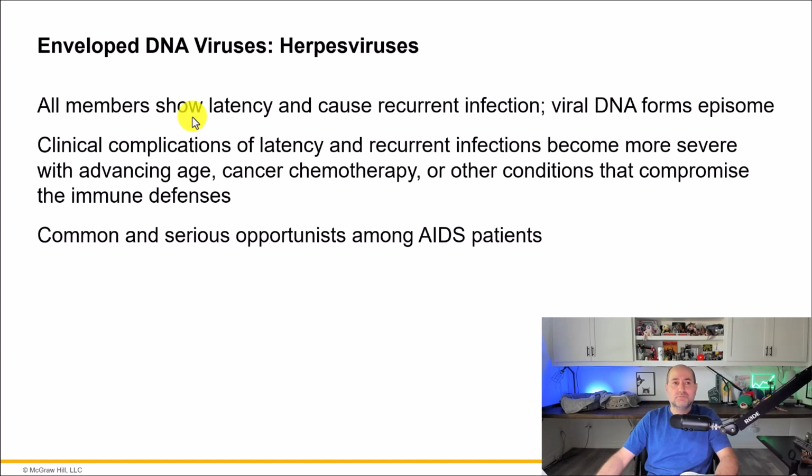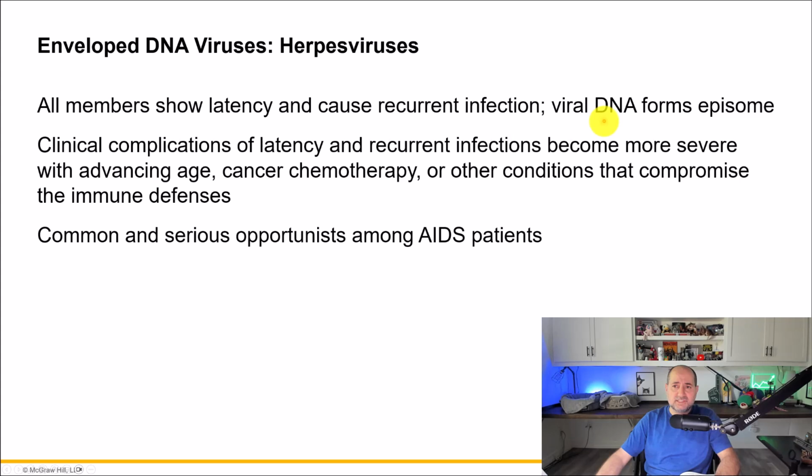It's another enveloped double-strand DNA virus, the herpes viruses. All of these viruses show latency and cause recurrent infection. That means they cause an outbreak, then they can go dormant, right? Remember the latent phase, and then they could reoccur.